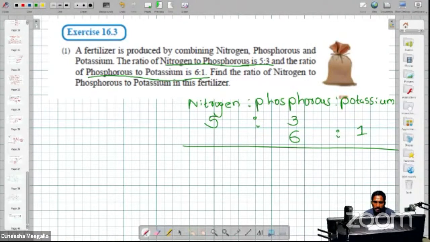Phosphorus is the common ratio for the nitrogen, phosphorus, and potassium. You have to get the least common multiple for the phosphorus, 3 and 6. What is the least common multiple?